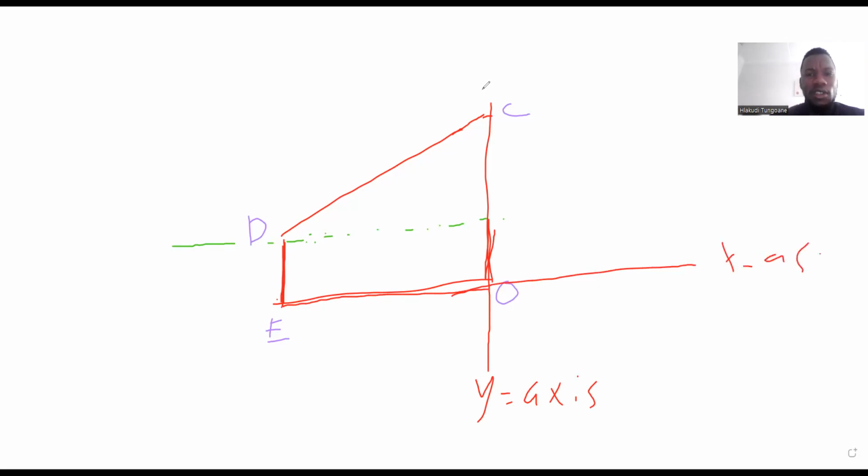So one way is to split this thing into a triangle and a rectangle, and then find the area.